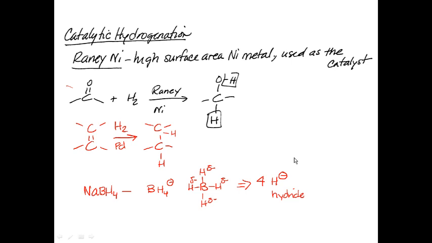Hydride is a strong base, and it's also a very strong nucleophile. So we can use sodium borohydride to reduce carbonyl compounds in a mechanism that is identically the same as a Grignard. What do I mean by that?